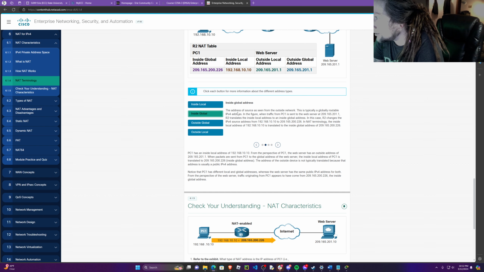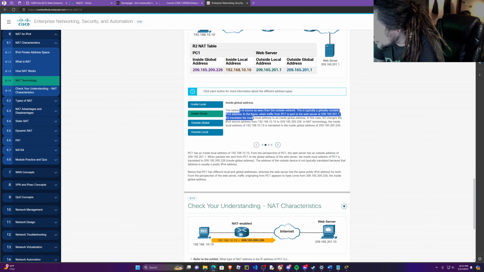The inside global is the address of the source as seen from the outside network. This is typically a globally routable address. When traffic from PC1 is sent to the web server at 209.165.201.1, R2 translates that to an inside global address.